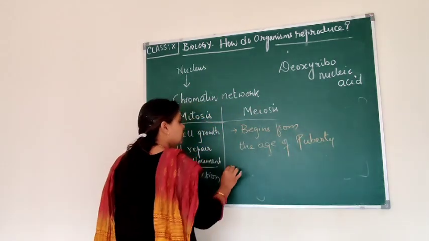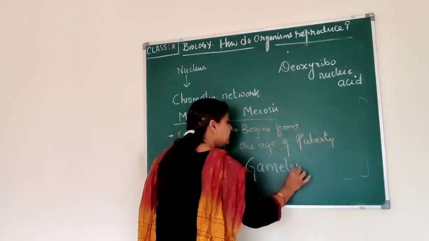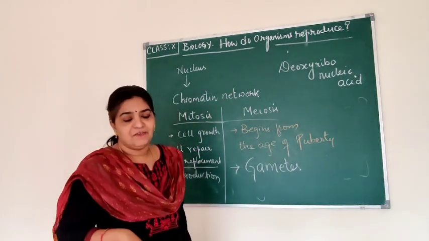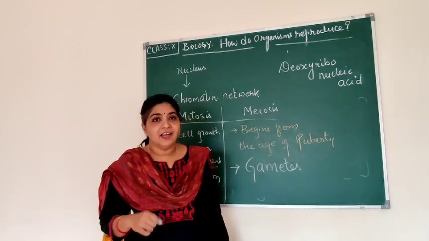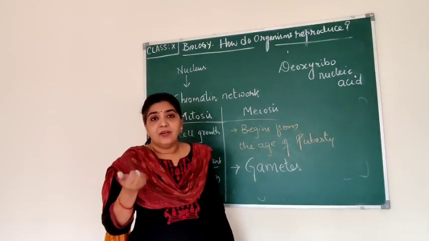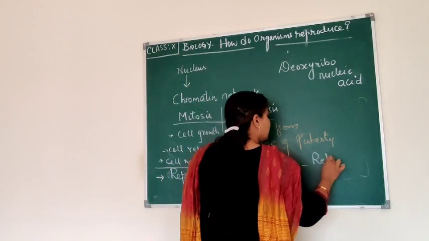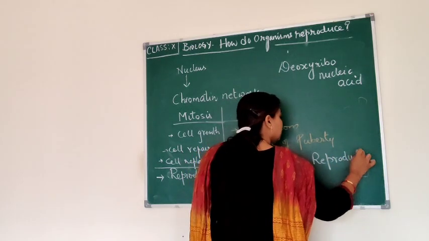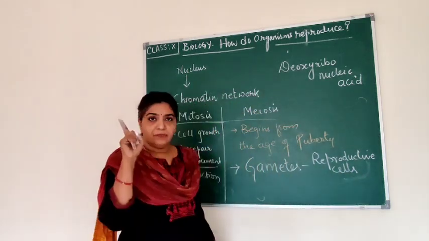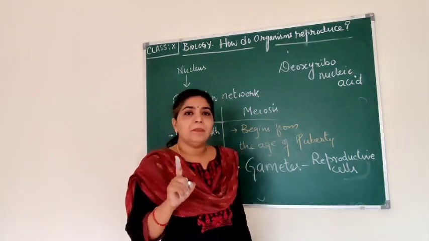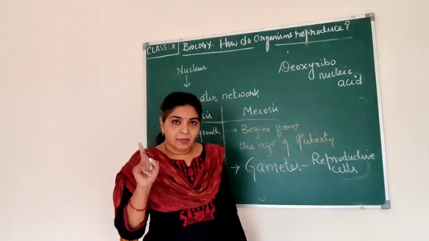Okay, meiosis helps in the formation of gametes. You know what gametes are, right? Gametes are called the reproductive cells. It is the reproductive cells which are produced only by higher plants and higher animals.